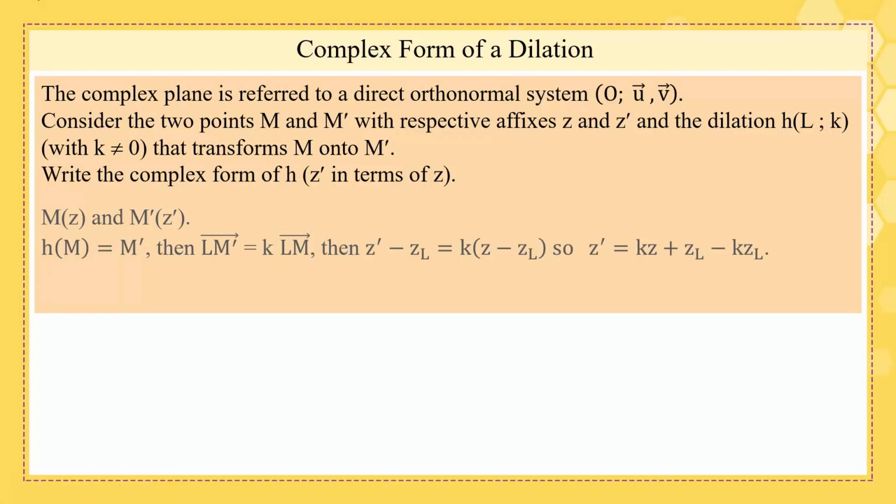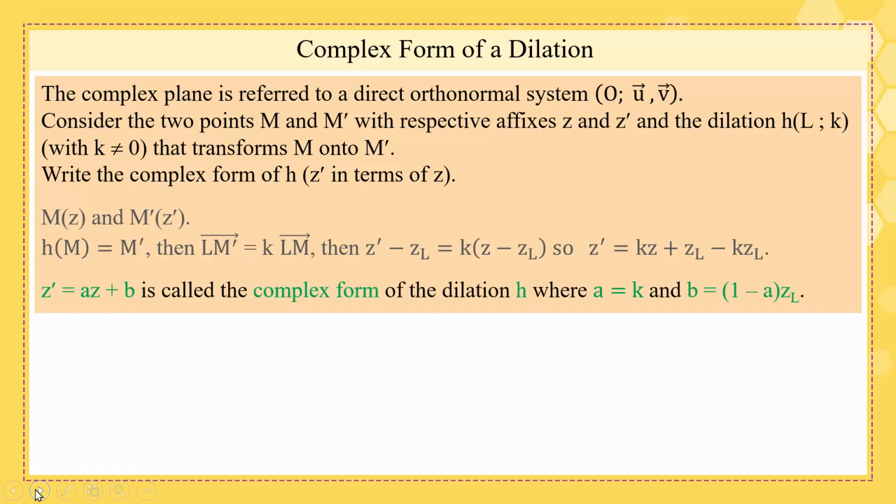And this vector relation will be transformed into a complex relation, that means Z prime minus Z of L equal K multiplied by Z minus Z of L. So finally Z prime equal KZ plus Z of L minus KZ of L. And in a simple form, the complex form can be written as Z prime equal AZ plus B. This form is called the complex form of a dilation, where A here equals the ratio K, and B will be equal to 1 minus A multiplied by the affix of L, which is the center of the dilation H.